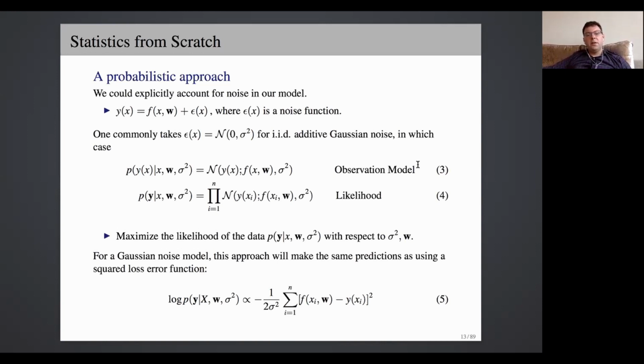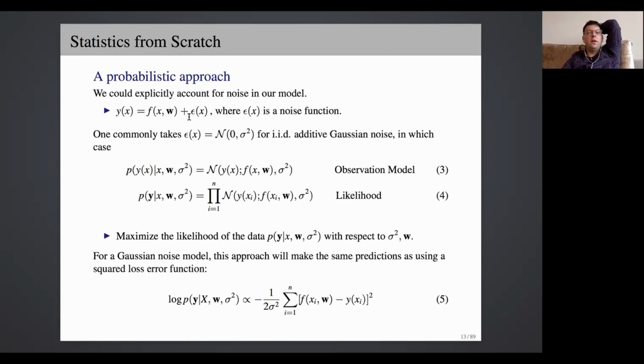However, if we take logs, for example, of this particular likelihood, we can see that the objective that we get will give us the same answer as just choosing squared distance. And so you might wonder, well, what's the point of doing all of this if we're just getting the same answer in this case? There are a couple of reasons why this perspective is preferable.